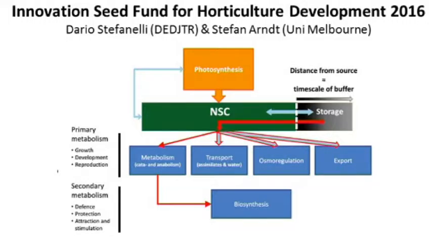And one thing that we don't really know, and you can see that from the different colors in the arrows in this graph, is whether some of these processes are active or whether some of these processes are passive. So, for example, is starch or non-structural carbohydrate accumulation happening because it is an active process that the plant is actively increasing the amount of starch in it, or is it simply an overflow process where non-structural carbohydrates are accumulating in the plant tissue simply because they're not used anywhere else?